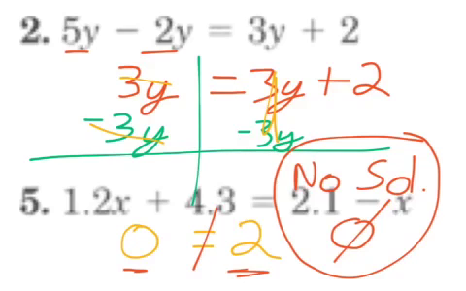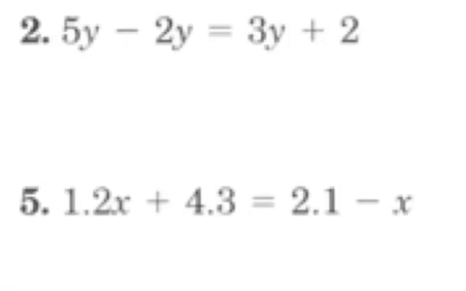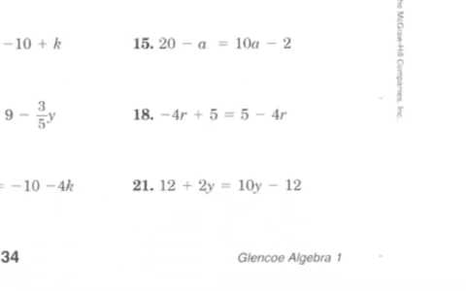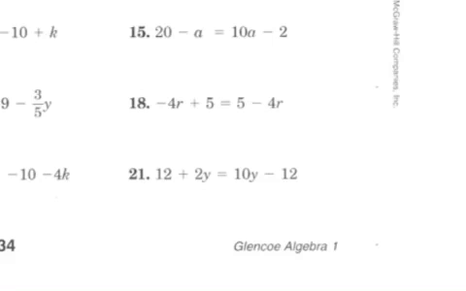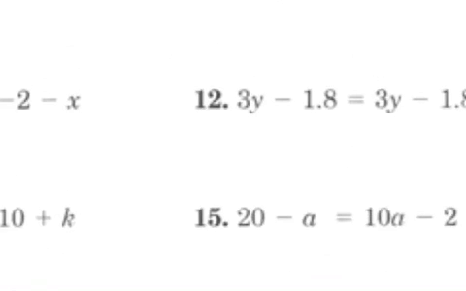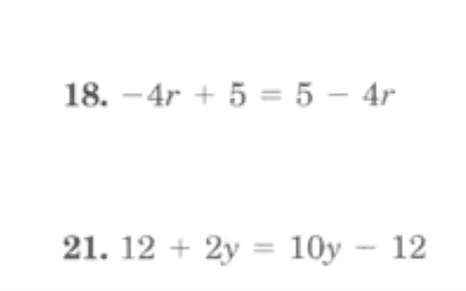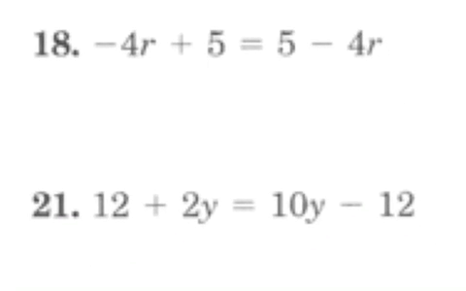The alternative to that is, we'll look at number 18. Again, a lot of people are really used to always seeing x equals 10 or x equals negative 3 or whatever. It's possible to have no solution, and it's also possible to have a solution that says all real numbers. Number 18 is an example of a problem that comes out to be all real numbers. Here's what that looks like.